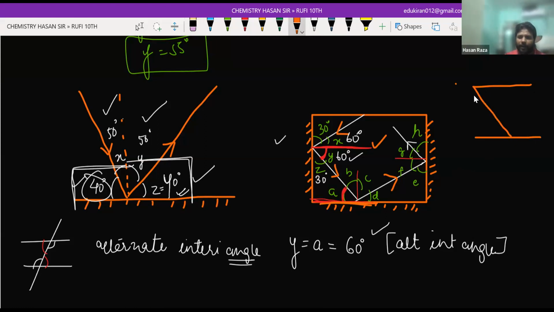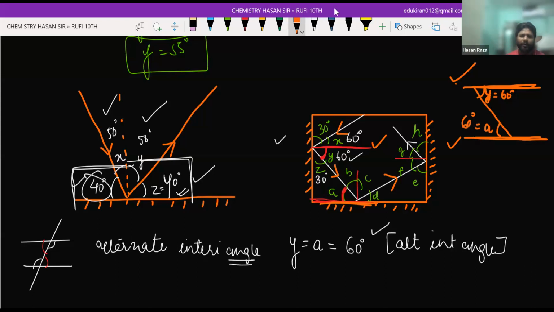This white line, and this is what I called Y, which is 60 degree. And you know that since it is a normal, it will be a straight line, and the mirror is also a straight line, which is parallel to this. So this Y will be equal to A, because it is alternate interior angle. Yes or no? So it will be 60.